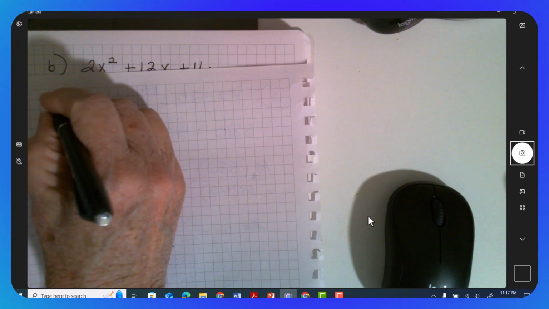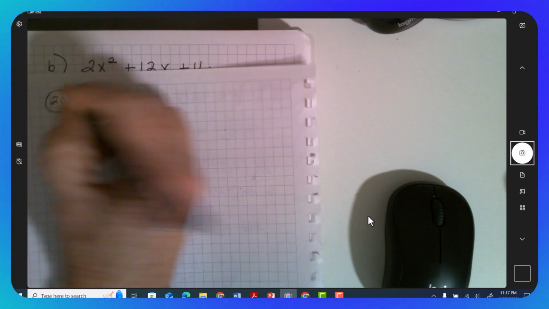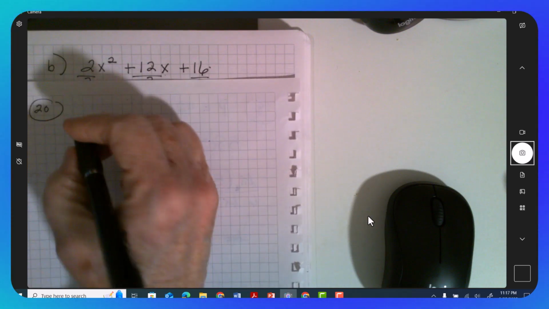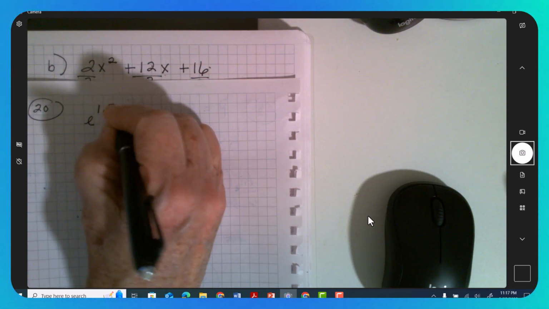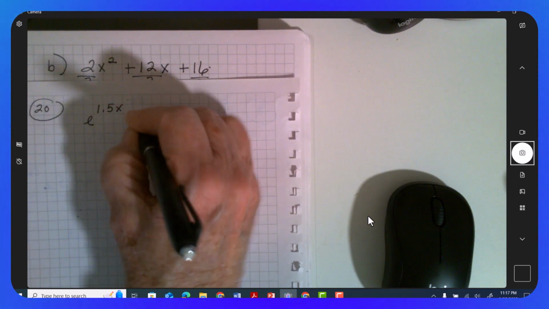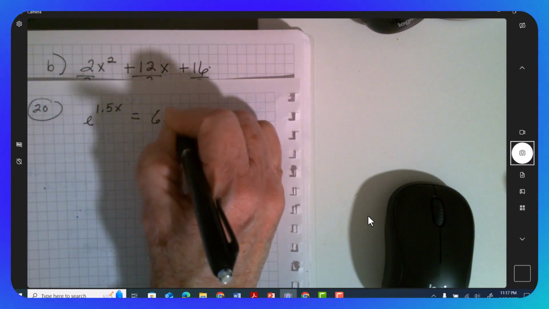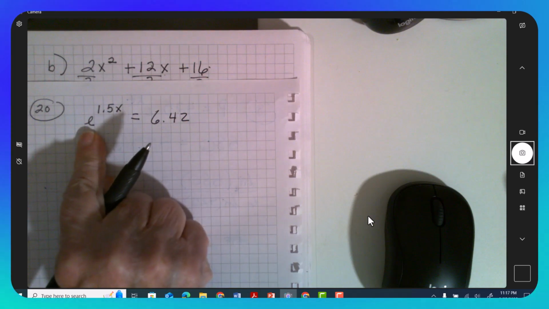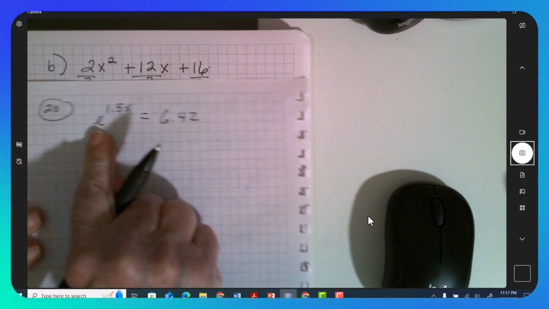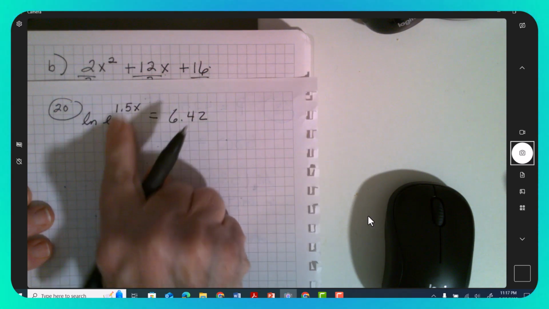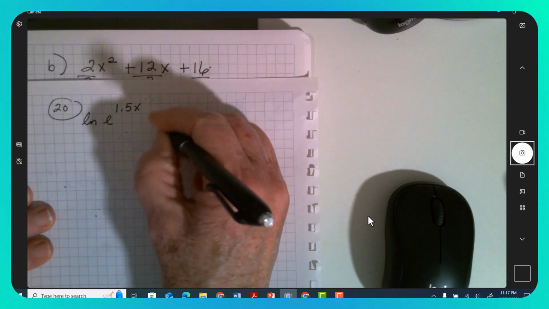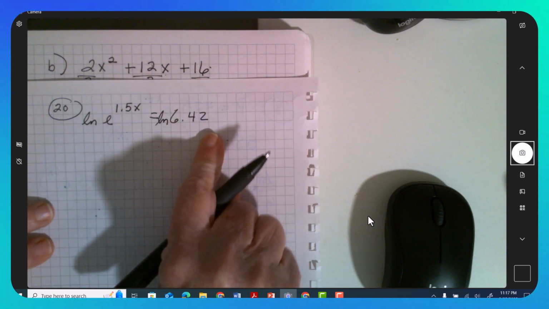All right, let's move on to question number 20. We want to solve for x, and we have e to the 1.5x equals 6.42. All right, we need the natural log. Let's take the natural log of both sides. So I'm going to take ln of e to the 1.5x, and ln of 6.42.